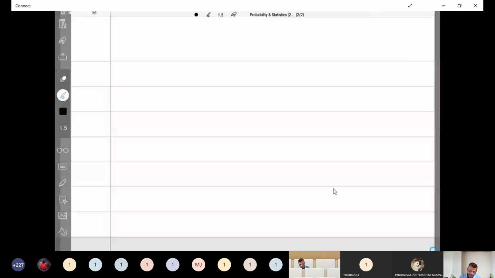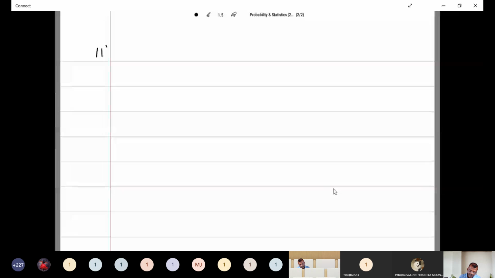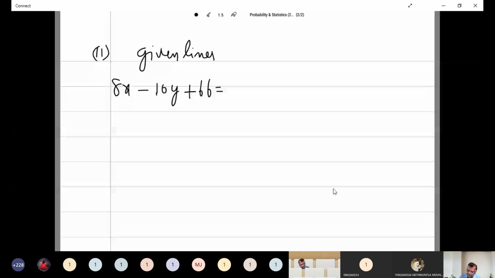Now, second one. Given lines. What are the given lines? One is 8x minus 10y plus 66 is equal to 0, and the other is 40x minus 18y is equal to 214.